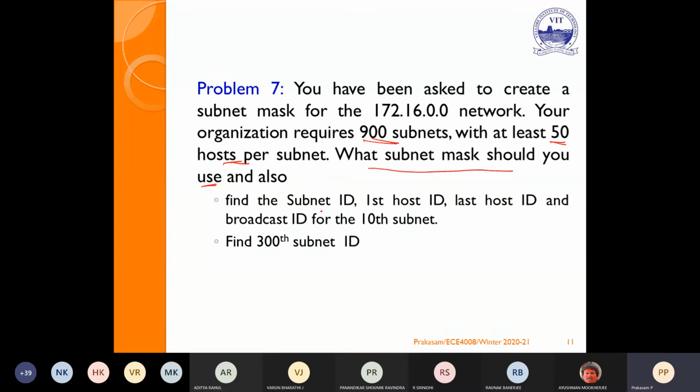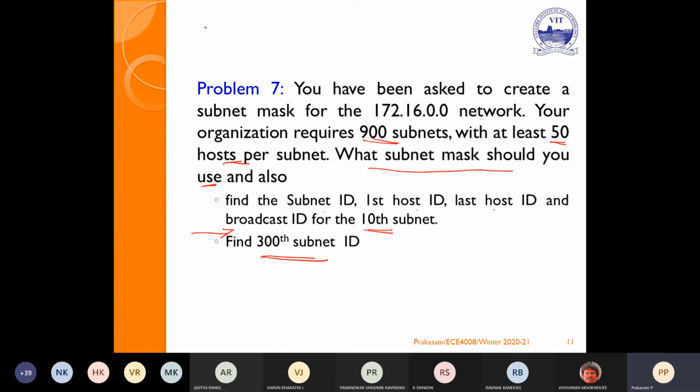And find the subnet ID, first host ID, last host ID, broadcast ID for the 10th subnet. Similarly, find the 300th subnet ID. If you see, the previous problem and this problem are both the same. Only difference, there it was 250 subnets, 250 hosts per subnet. Here it is 900 subnets, then 50 per subnet.